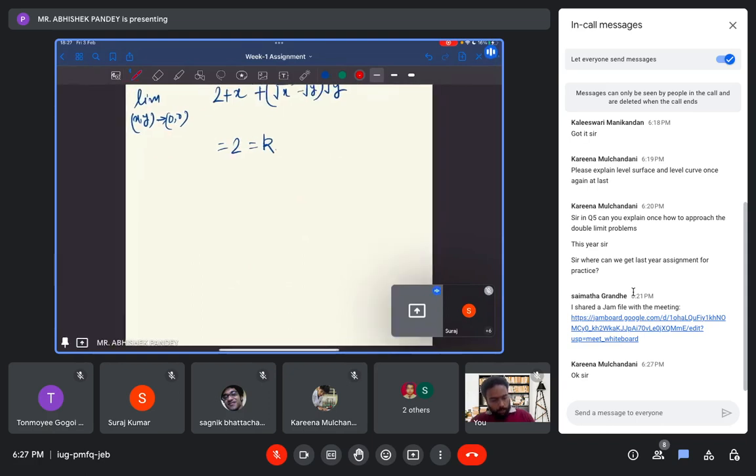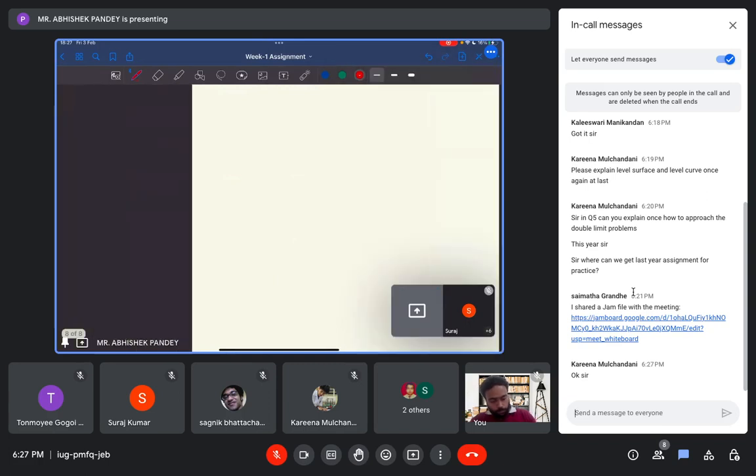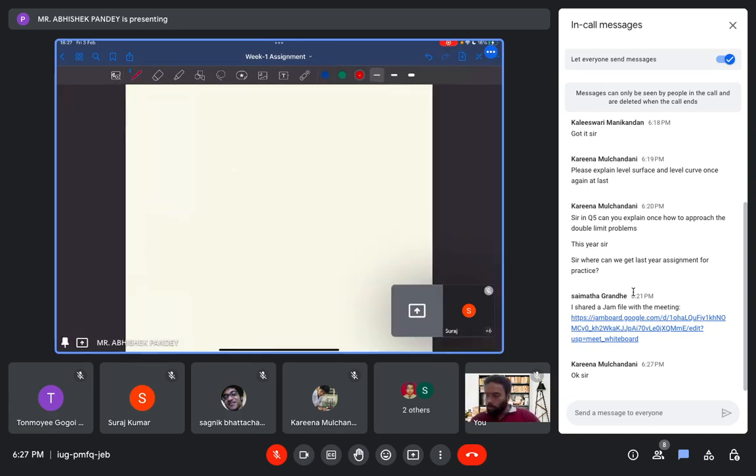Now let us talk about partial derivatives. And before that, let us see something which is quite interesting. This is f of x comma y equals xy upon x square plus y square, where x comma y is not equal to 0 comma 0, and 0 when x comma y is equal to 0 comma 0.